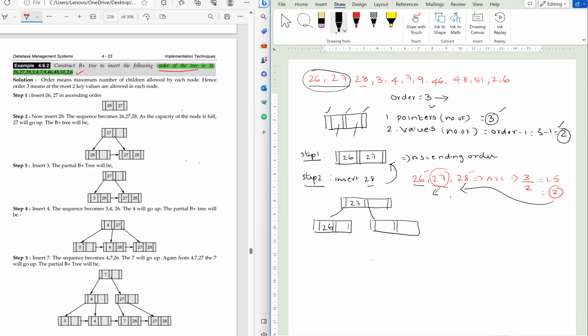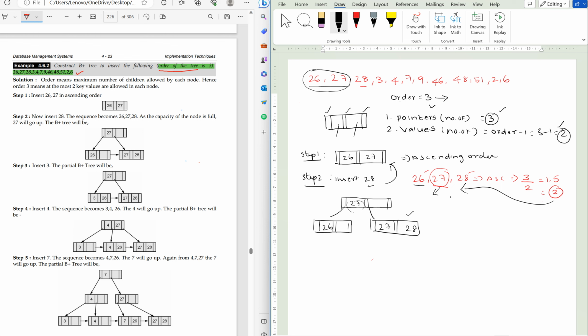But in the B plus tree, what we have to do is insert the value once again in the root node and then the biggest node. So in the B plus tree, the right hand side pointer of a particular value will be representing the node which has the values greater than that particular value as well as the copy of that value.